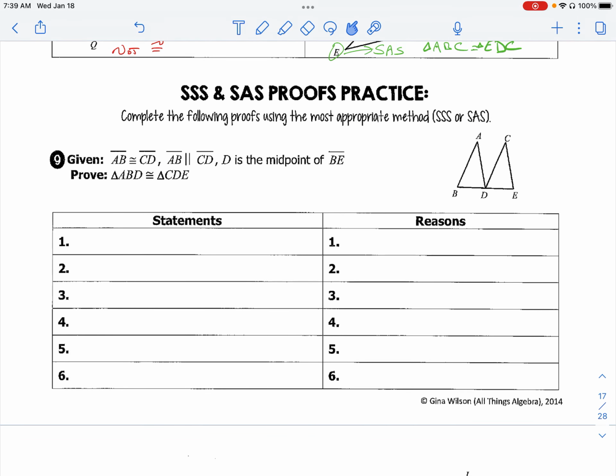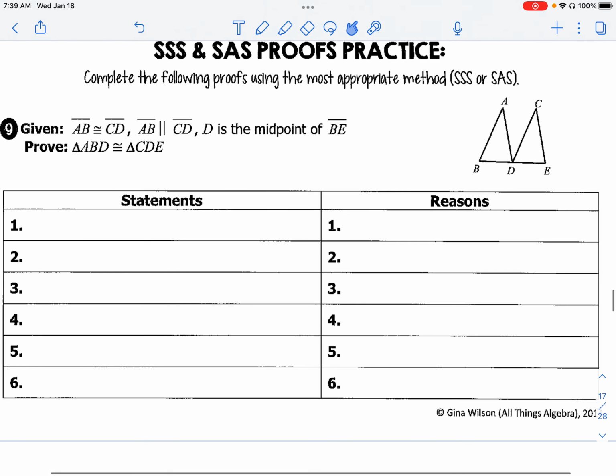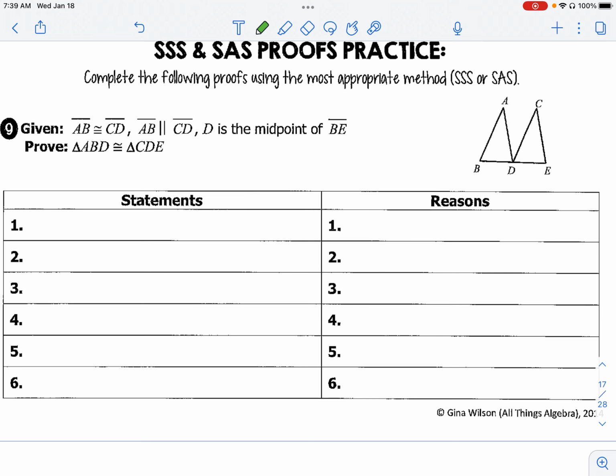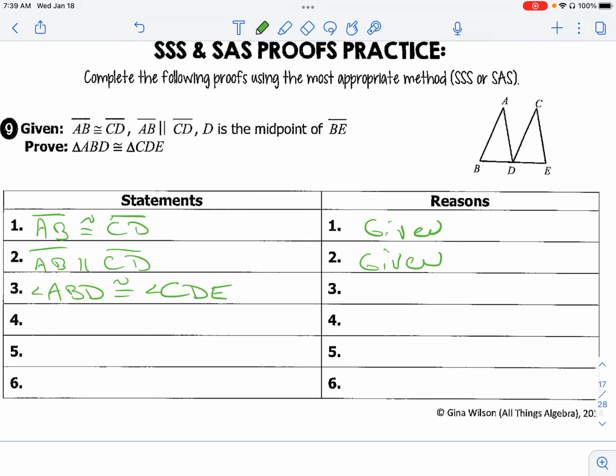Now let's practice some proofs. Everybody loves proofs. So given, we always start with what we're given because we have to start at the beginning. AB is parallel to CD. All right, so let's get our givens in there.